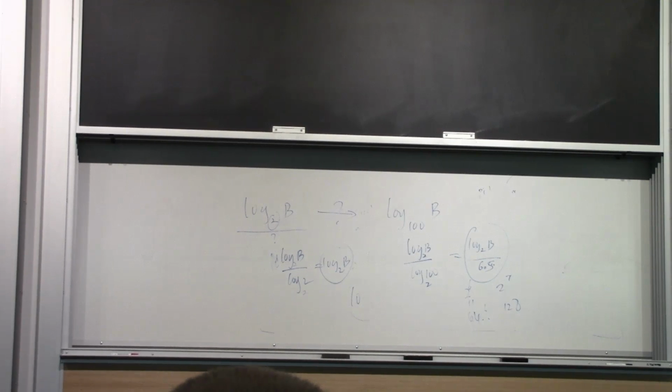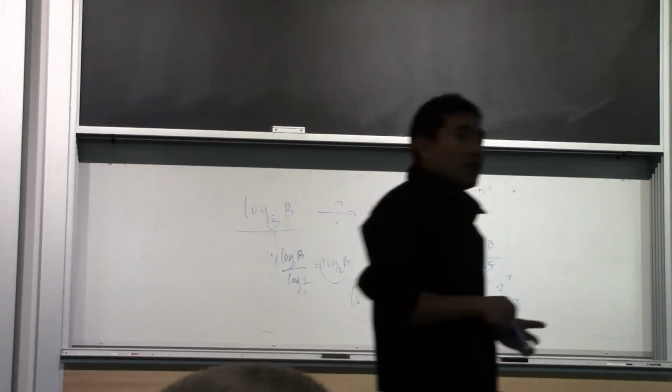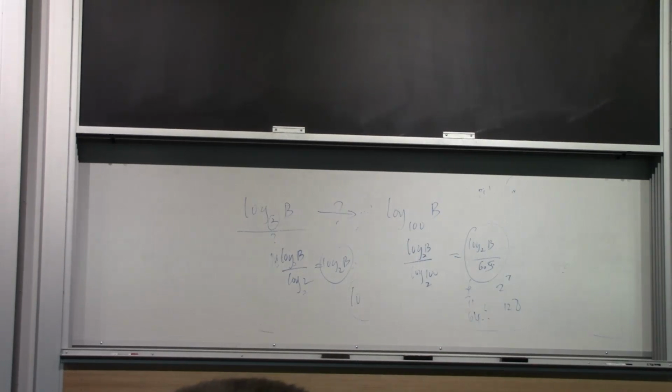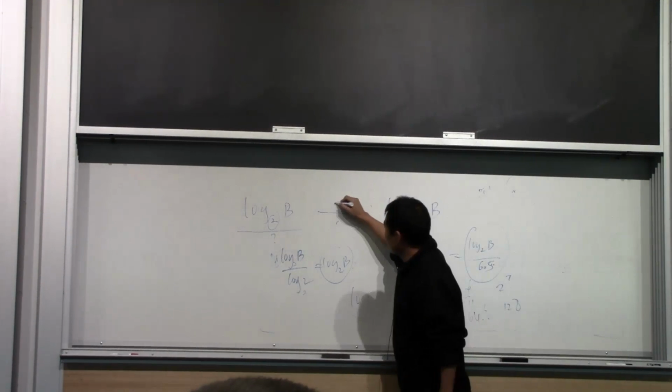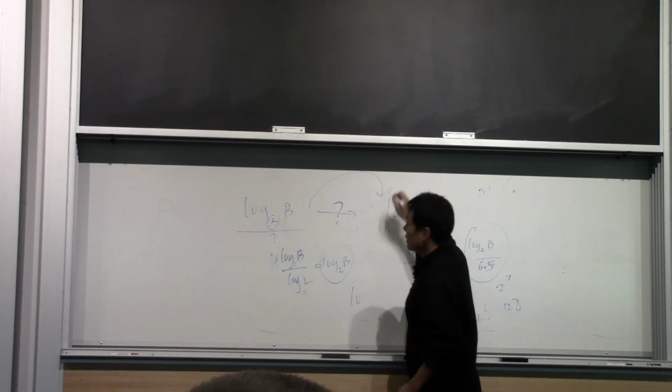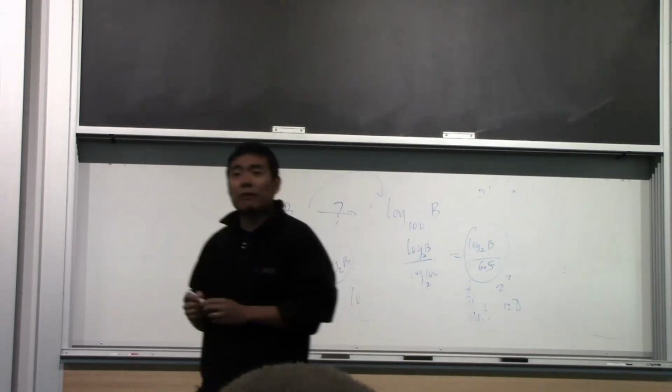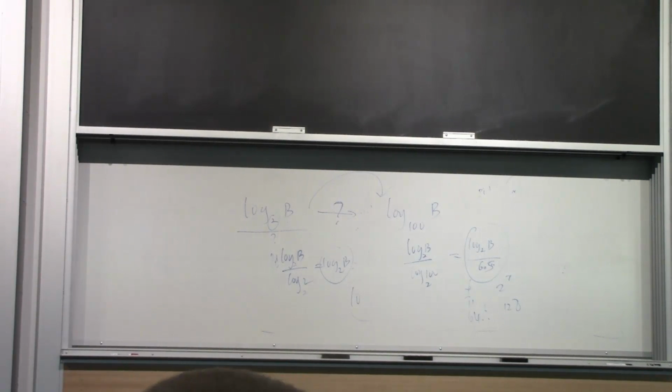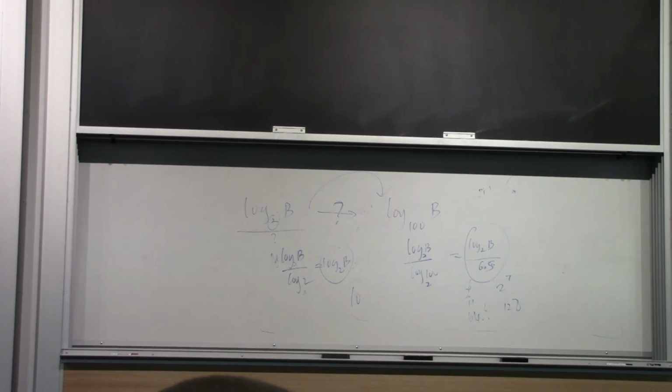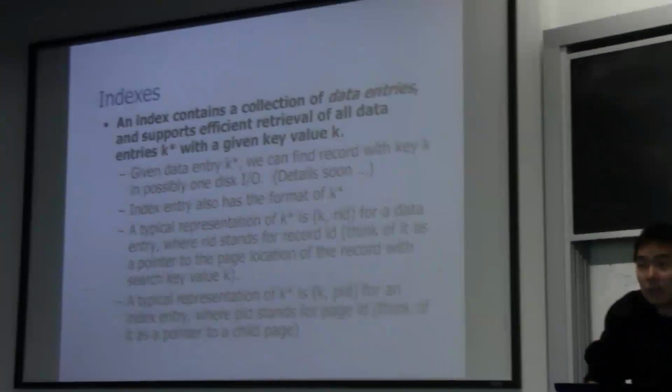So what I'm going to show you next is quick, but the question now remains: how do you go from here to here? You follow me? Okay. For that purpose, I'm going to introduce the concept of indexes.